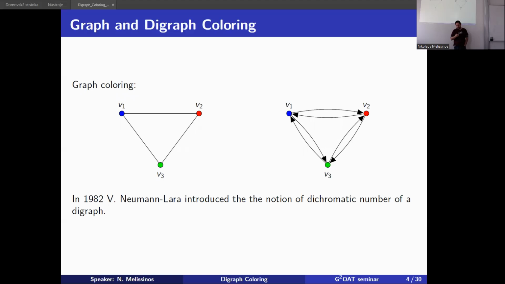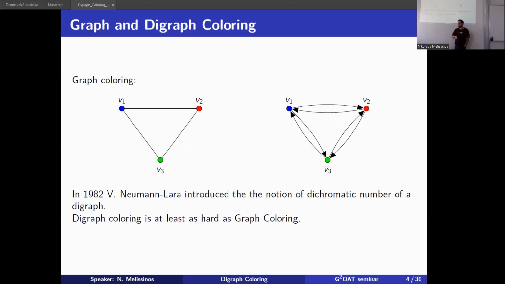This coloring was introduced by Neumann-Lara in 1982, where they discuss the dichromatic number of a graph. And obviously, because of this relation between the undirected and the directed setting, the dichromatic number is at least as hard as the original graph coloring.